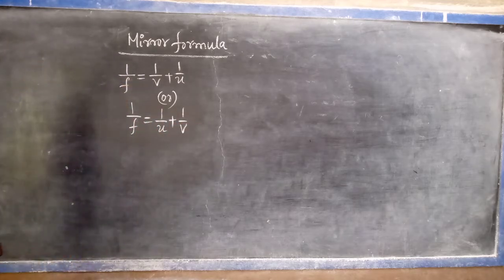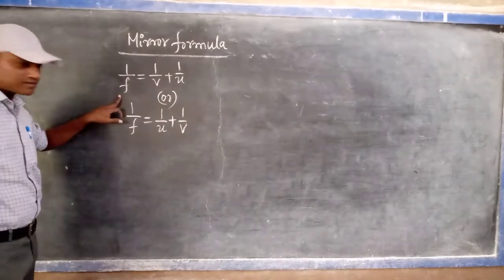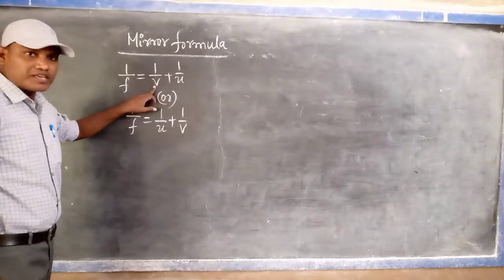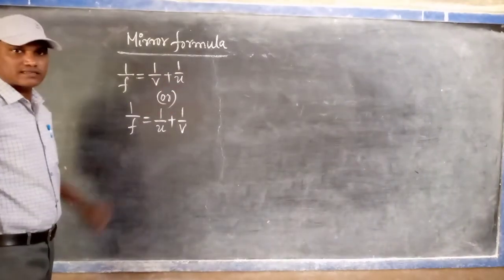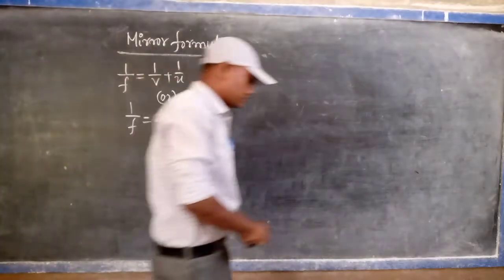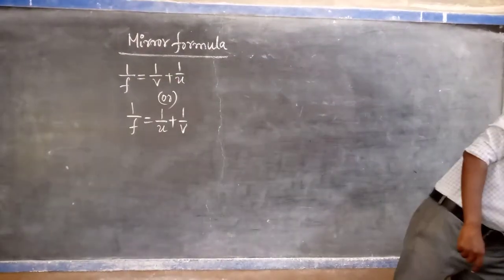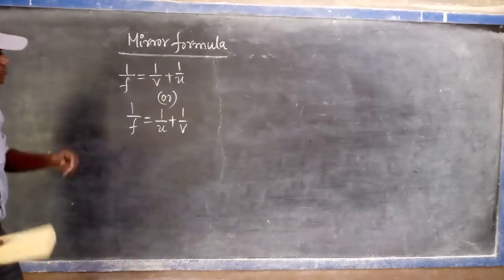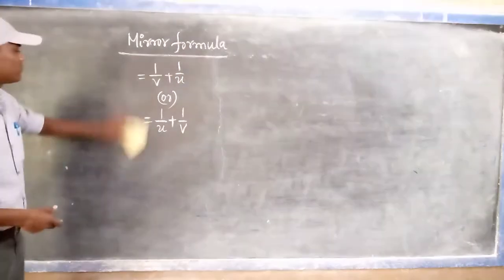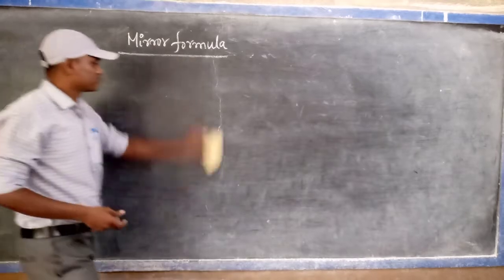This is called the mirror formula. Here f is the focal length, v is the image distance, and u is the object distance. Now I will derive this formula with the help of a suitable diagram.